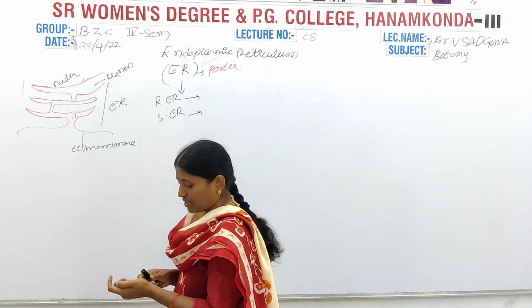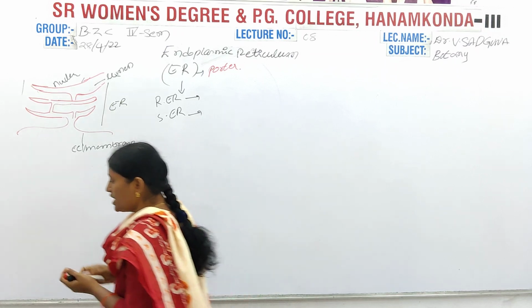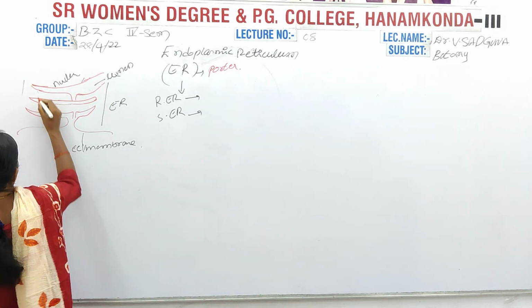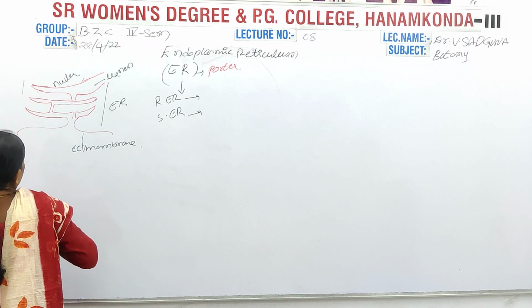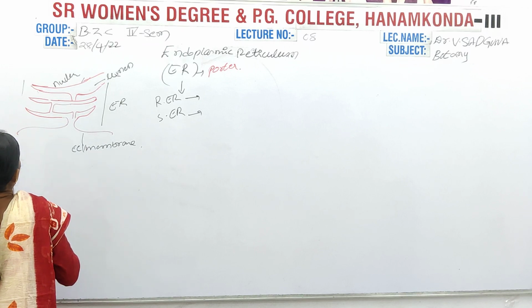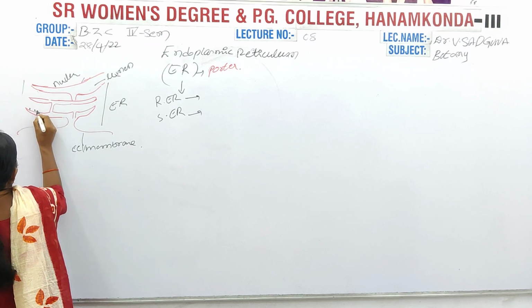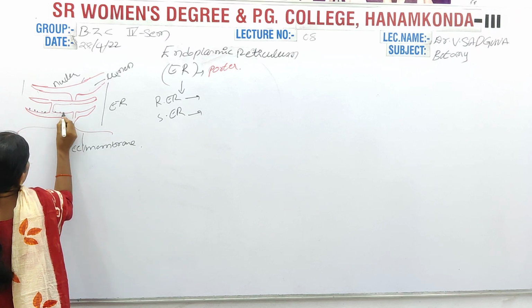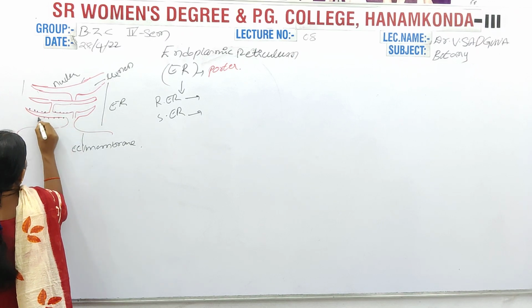The rough ER has a roughly structured formation on the tube-like structure.